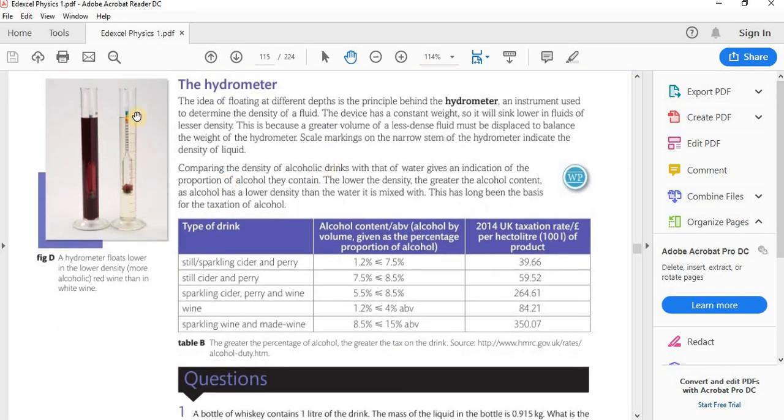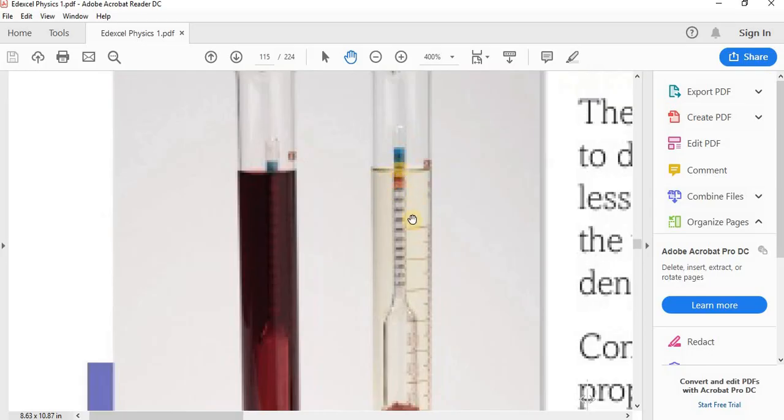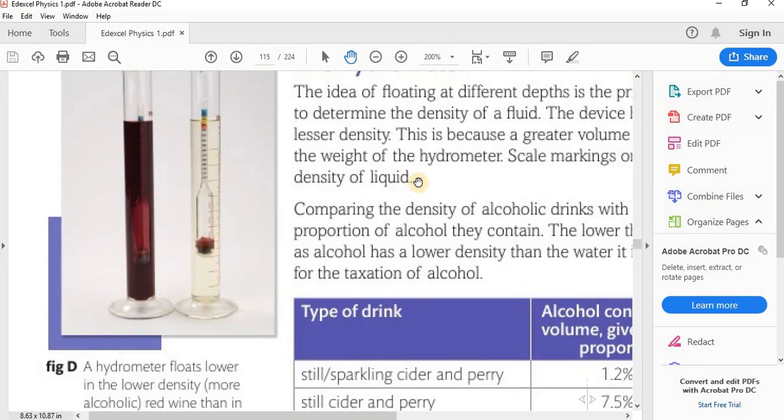Alright, so the hydrometer sinks more in less dense material, and there is a scale on the hydrometer. You can see here there are markings on the hydrometer which indicate what the density of the liquid is.